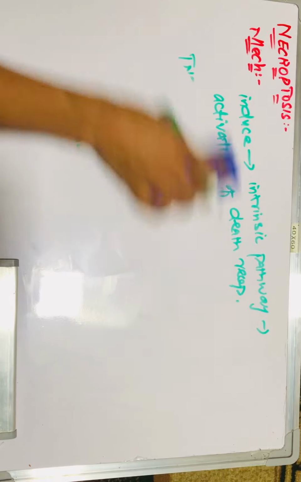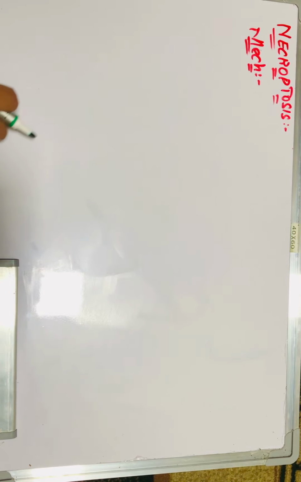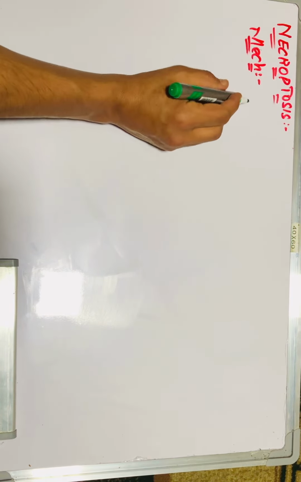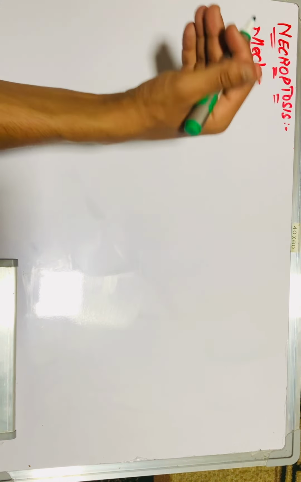When tumor necrosis factor reacts with receptor 1, it will lead to the phosphorylation of RIPK1 and RIPK3. These are basically kinases. So what are RIPK1 and RIPK3? These are proteins that initiate a series of events that results in the dissolution of the cell.